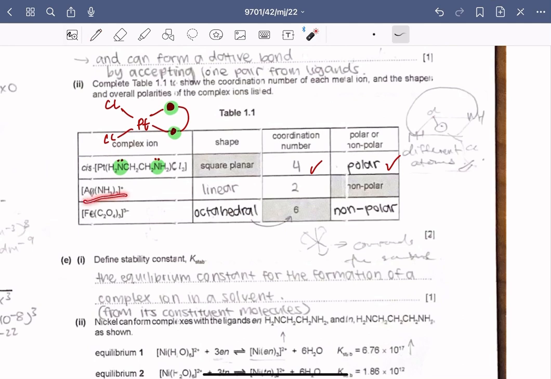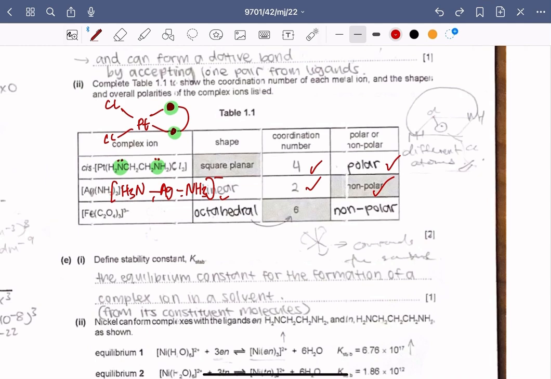Ag(NH3)2+ is linear. It is linear in shape because Ag is bonded to NH3 and NH3, and it's linear with a coordination number of 2 because of 2 bonds, and it is non-polar, so it's symmetrical.